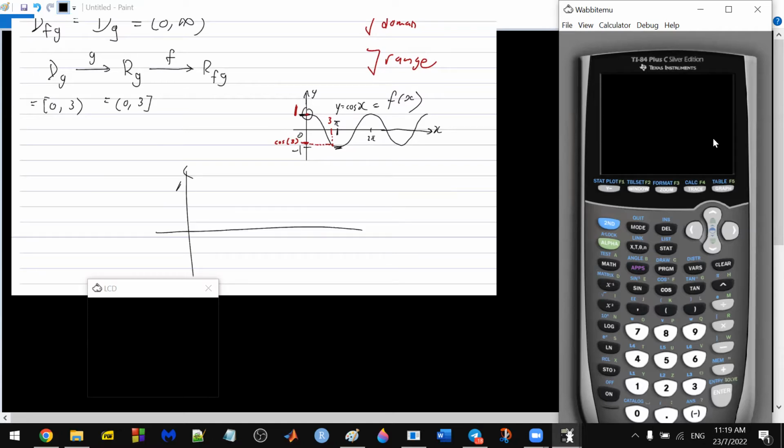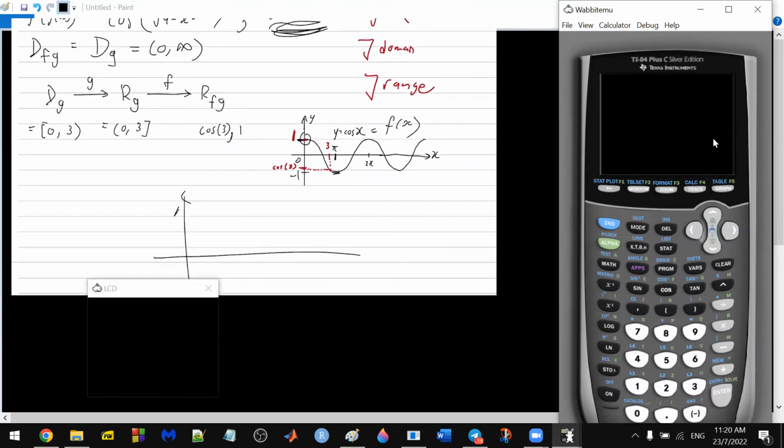Cosine 3, 1. Yes. But now you fill in the bracket. Cosine 3, you must use radians. It's negative 0.98999. Can I see the whole question? Can you zoom out?